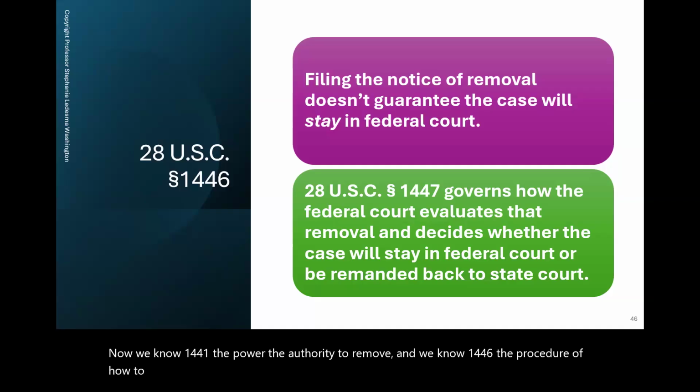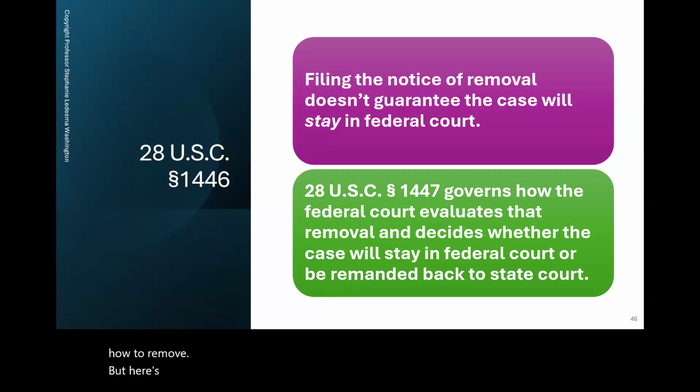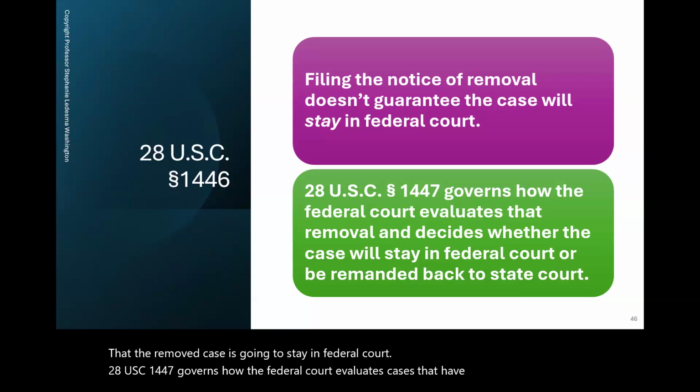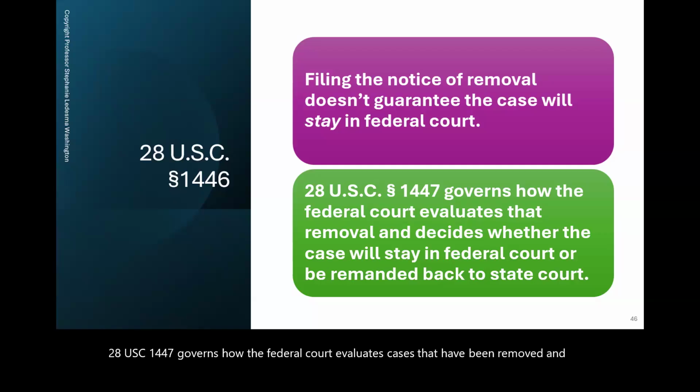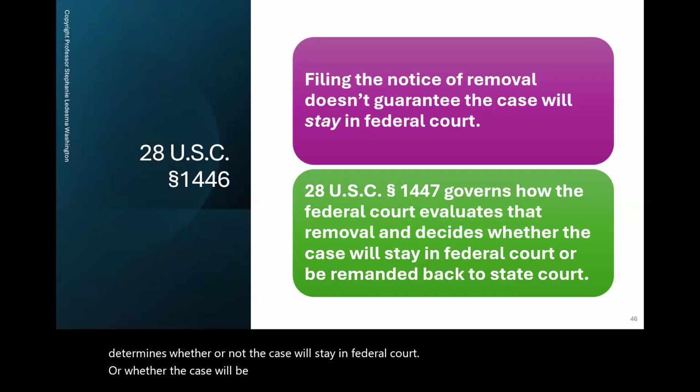Hot dog. Now we know 1441, the power, the authority to remove, and we know 1446, the procedure of how to remove. But here's the reality that always finds its way in. Filing the notice of removal doesn't guarantee that the removed case is going to stay in federal court. 28 U.S.C. 1447 governs how the federal court evaluates cases that have been removed and determines whether the case will stay in federal court or be remanded back to state court.